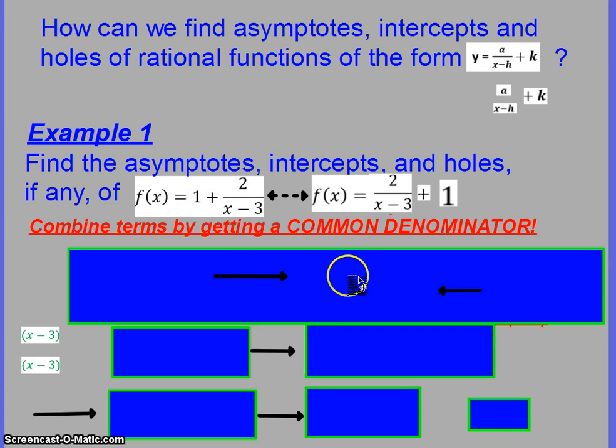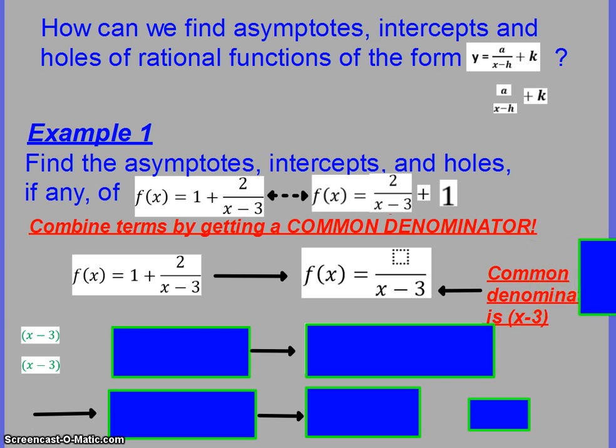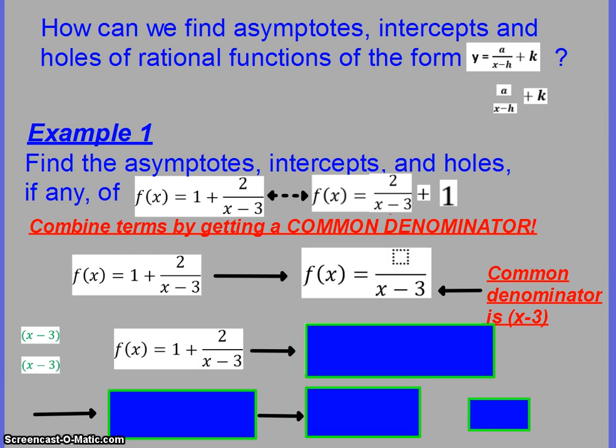Okay, so here's our original function again, and I want to get a like denominator so that I can combine the terms into one term, and hopefully you can see that our common denominator here that we want is x minus 3. So I just need to figure out what's going to go on the top. If you think back to algebra, to get a common denominator, figure out what your common denominator is.